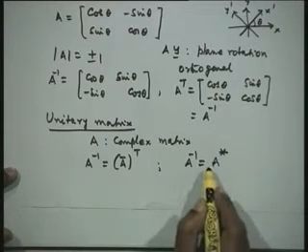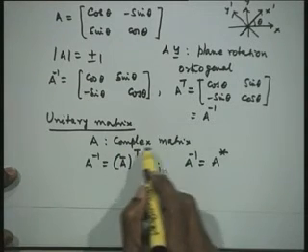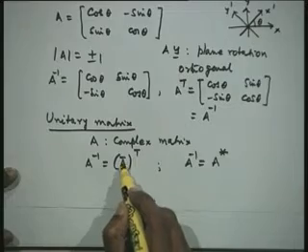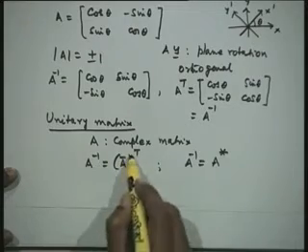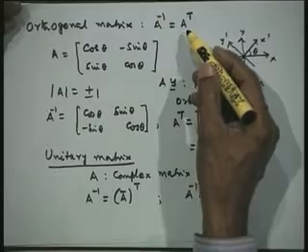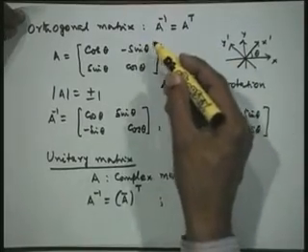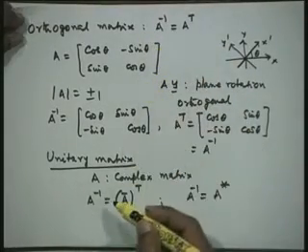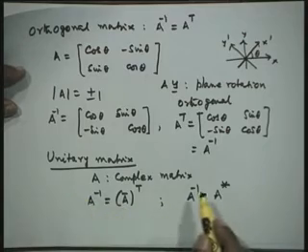Now, you can see that when A is a real matrix, then A conjugate is the same as A, therefore A inverse is equal to A transpose. That means we go back and show that this is an orthogonal matrix. Therefore, the definition of an orthogonal matrix generalized to complex elements produces a unitary matrix.